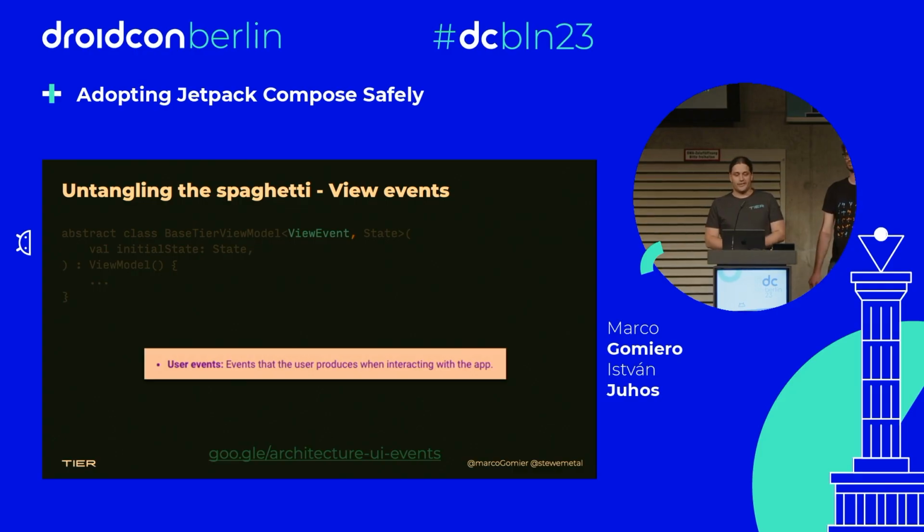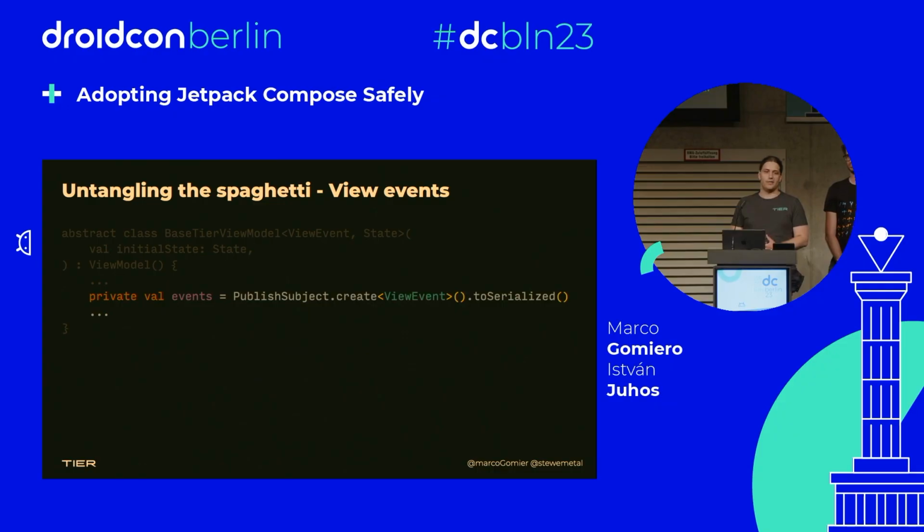So we ditched the name user events, and we went with view event, which became another generic parameter of our view model. It's an event coming from the view that has to change the state, so it became view event.